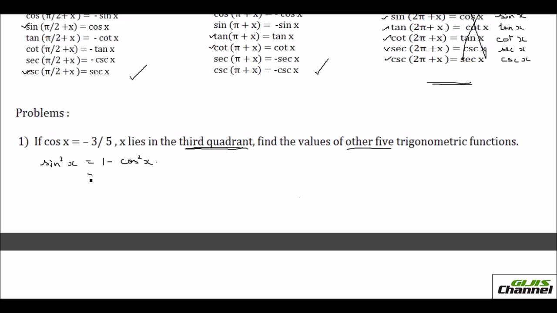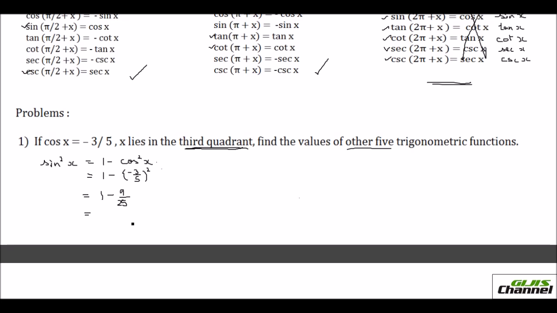So let me write the values here. 1 minus cos, which is minus 3 over 5, and I have to square it. So that would be equal to 1 minus, my negative 3 the whole square is 9 over 25, because it's 5 square also, right?